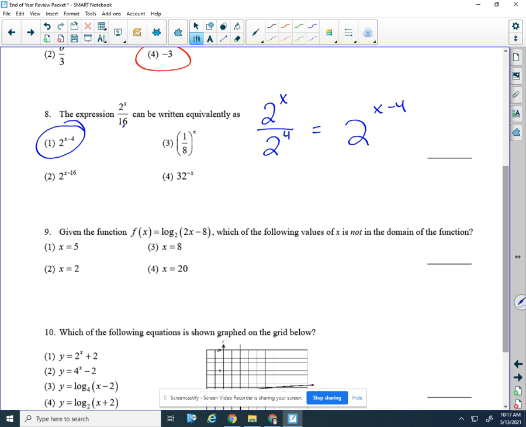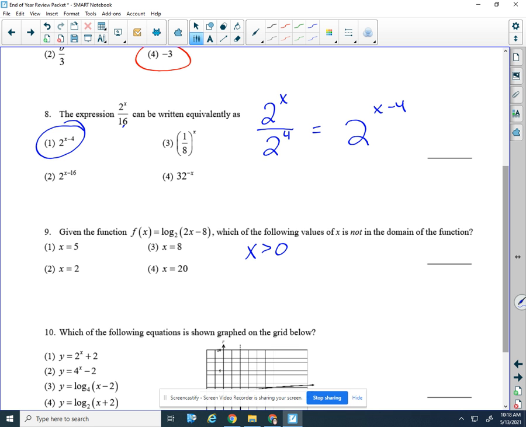For the next one, it says, given the function f of x equals log base 2 of the quantity 2x minus 8, which of the following values of x is not in the domain? So for this one, the argument must be greater than 0.